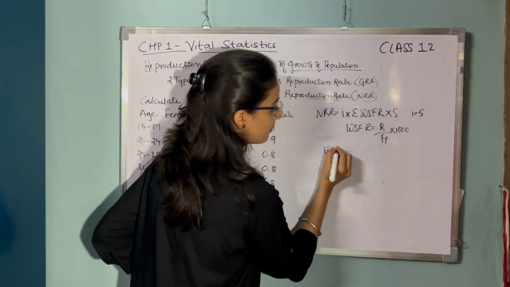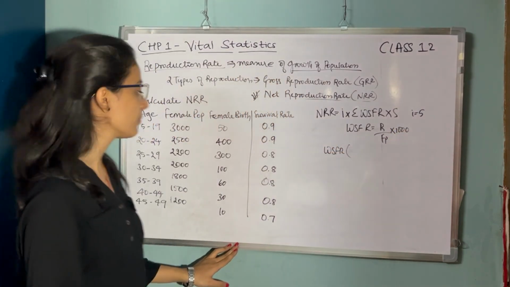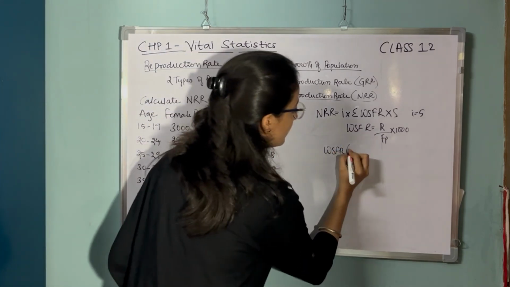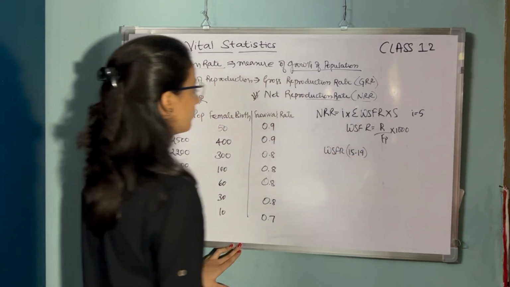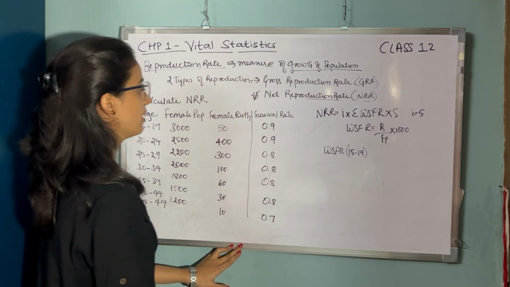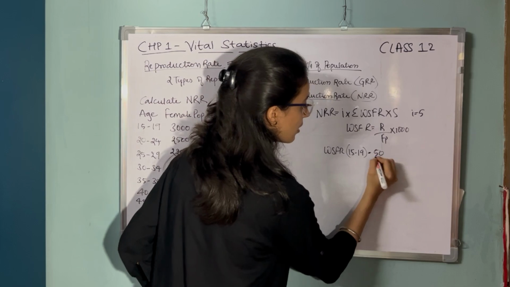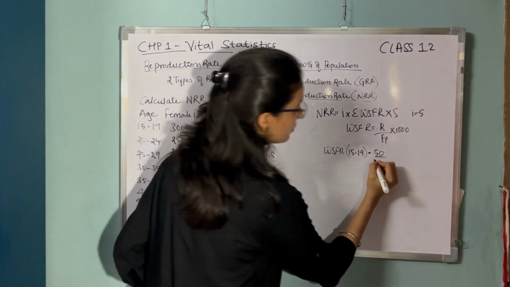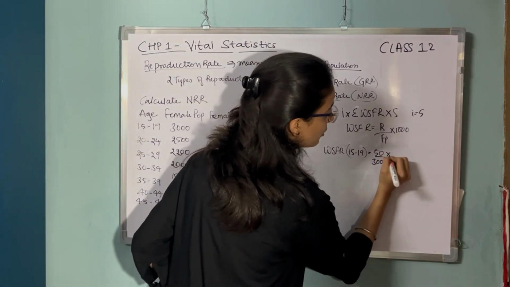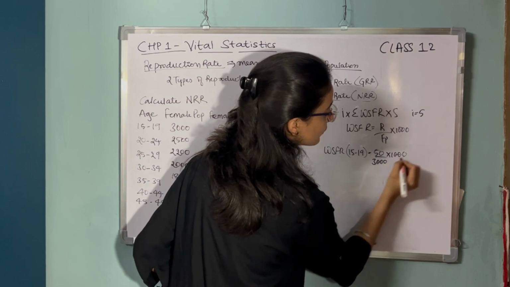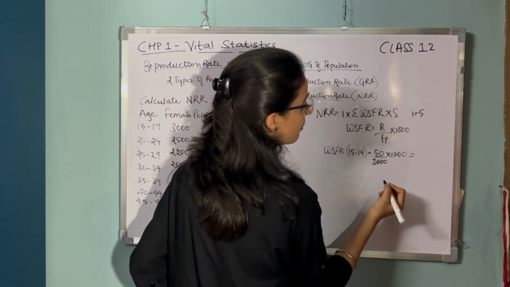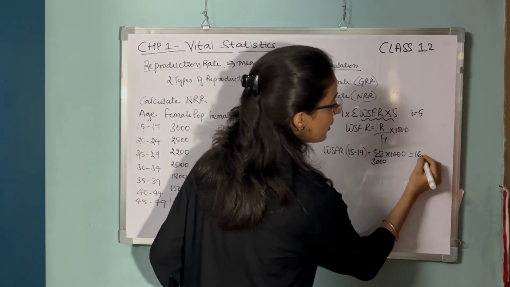So let's calculate WSFR for one age group, that will be 15 to 19. Which is 50 births, population is 3000, into 1000. So our WSFR will be 16.66.